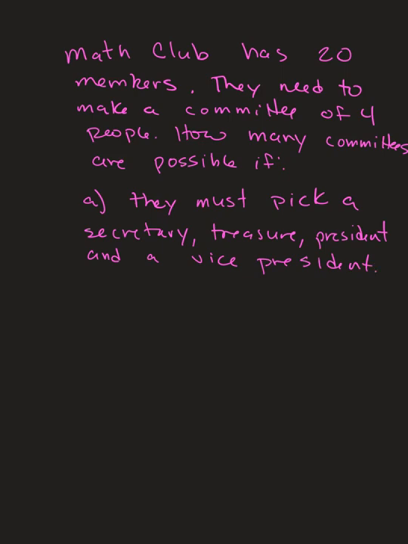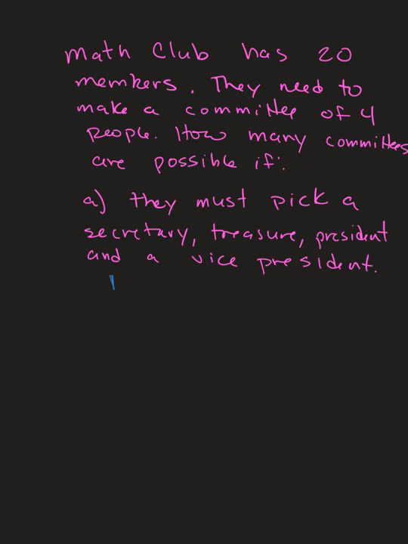All right, so notice that they are getting labels. So the order matters, right? Like one person's gonna be secretary, another person's gonna be treasurer. And so if Savannah's secretary and Miguel is treasurer, that's different than the other way around. So like the order matters. They're getting different labels. So is this a permutation or combination? What do you think?